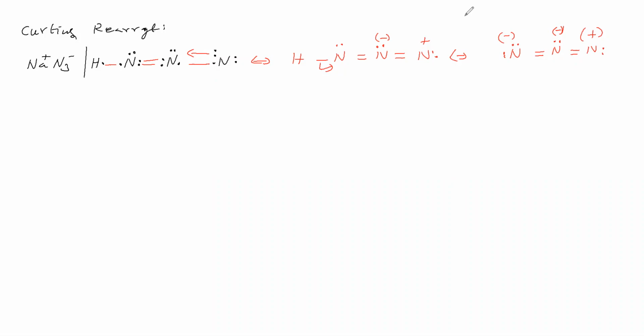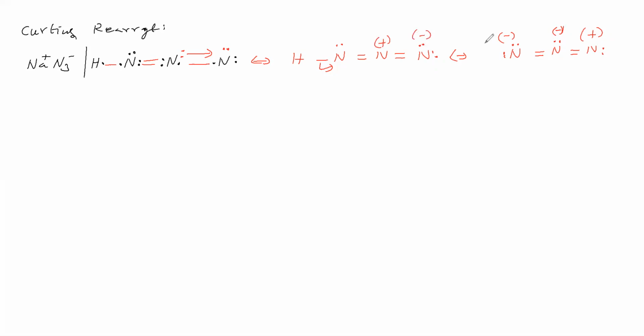We can do this one in another manner also. If this nitrogen is making the dative bond, then how will it be? Like this we will write it. Then we will see how the charges will be. Here a normal bond, here we have to write a positive charge, here a negative charge.